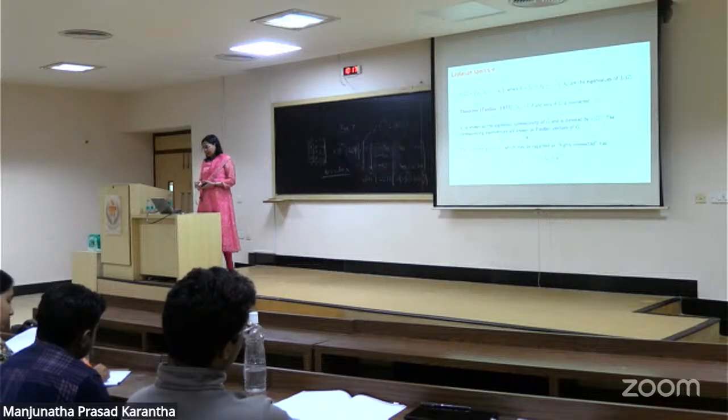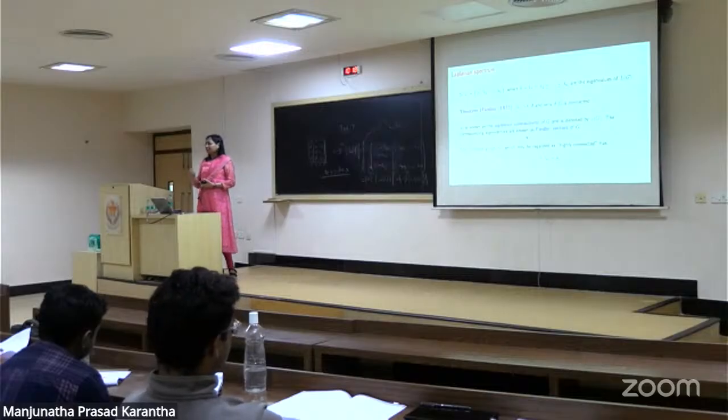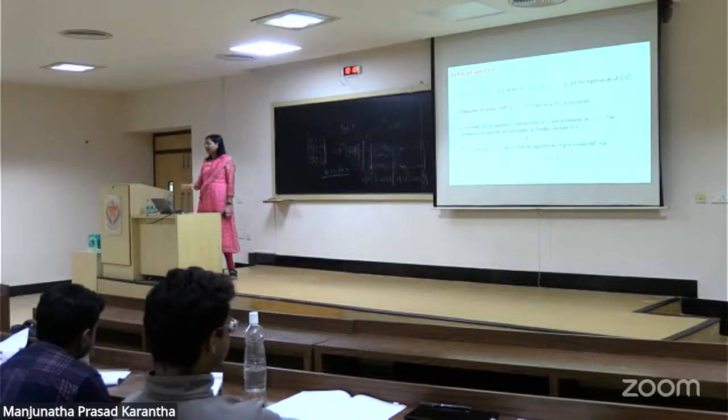If you look at the eigenvalues, they also decide how well the graph is connected. For example, if I take the complete graph, the smallest eigenvalue is 0, and all the other eigenvalues are equal to n. You can also take any highly connected graph.